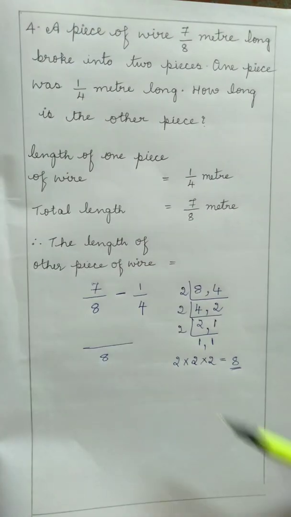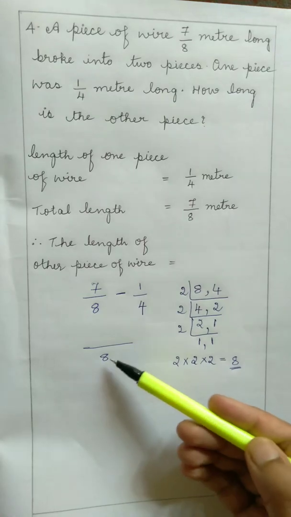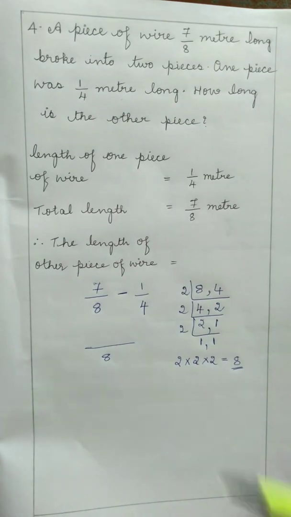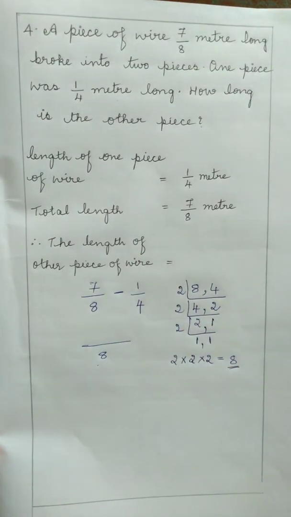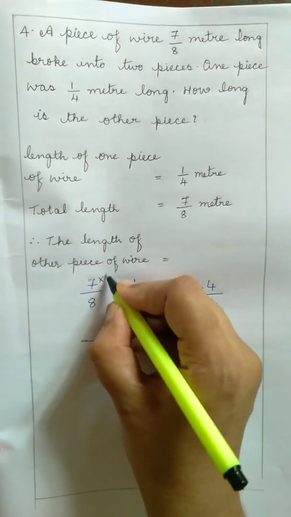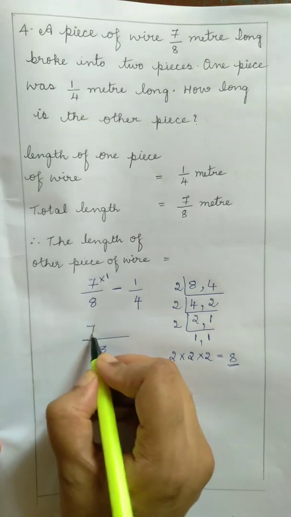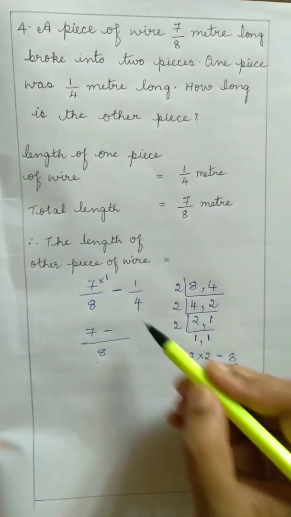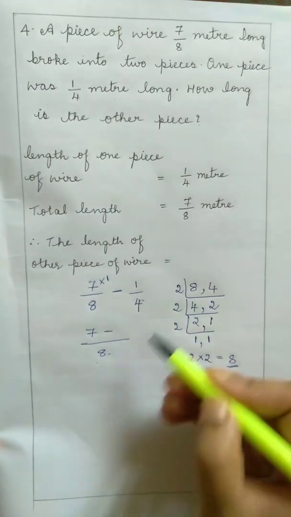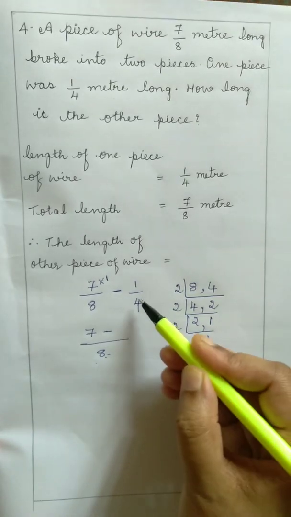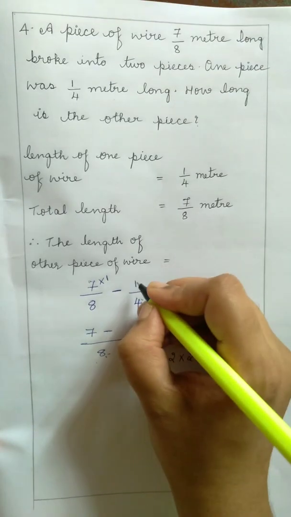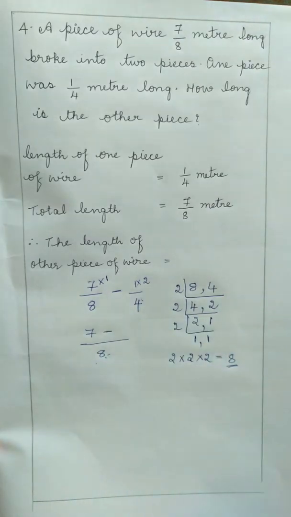Now we have the fractions 7 by 8 and 8 is the LCM. 8 ones are 8. Therefore, multiply 1 to the numerator 7. Therefore, 7 ones are 7, minus 1 by 4. LCM is 8. 4 how much are 8? 4 2s are 8. So, multiply 2 to the numerator 1.